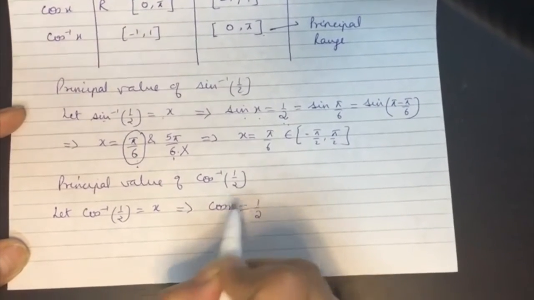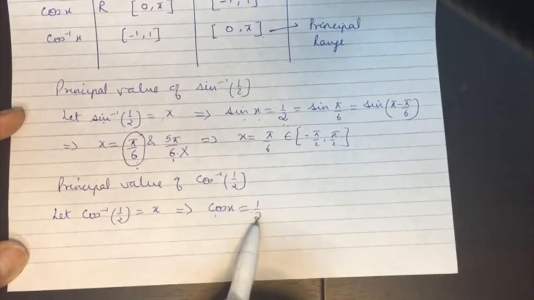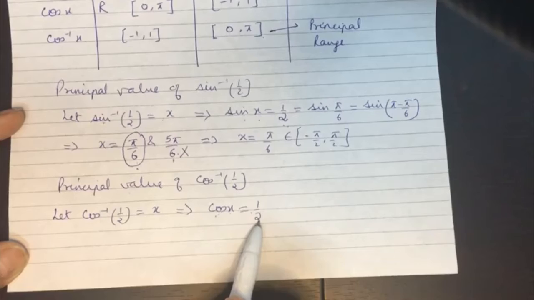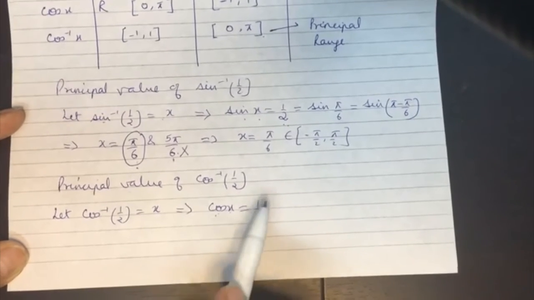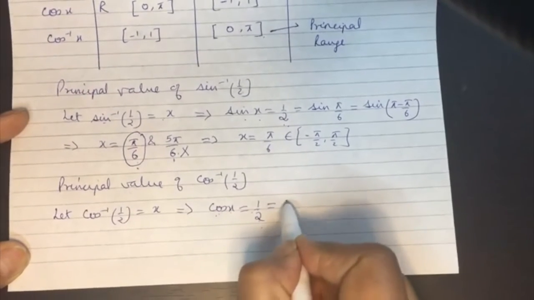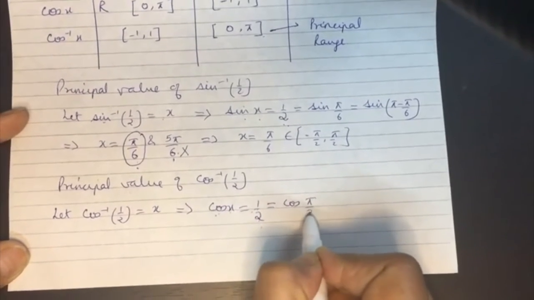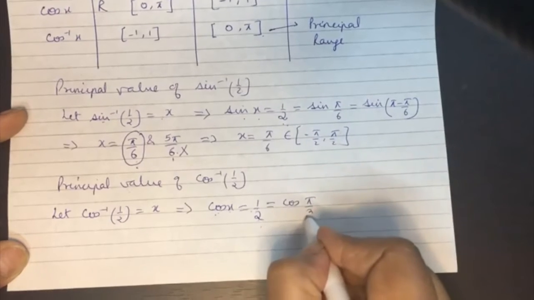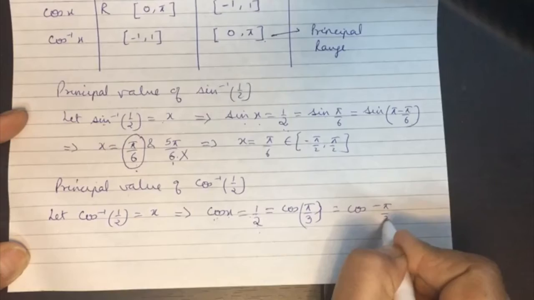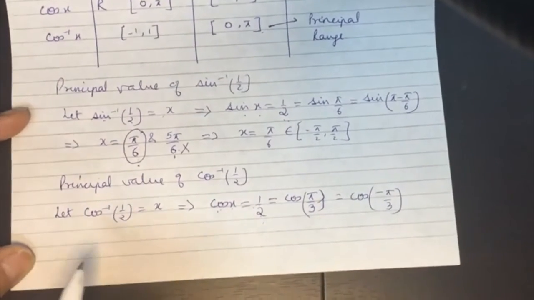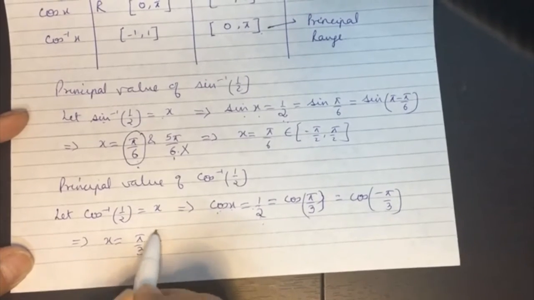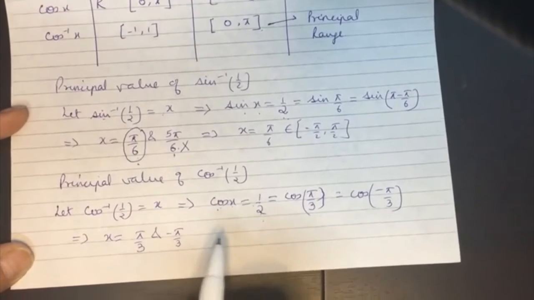Now again, as we did last year, we look for those values of x which make cos as half. Clearly cos is positive in the first and the fourth quadrants, and so you write cos of pi by 3, which is also equal to cos of minus pi by 3, which gives us x equal to pi by 3 and minus pi by 3.